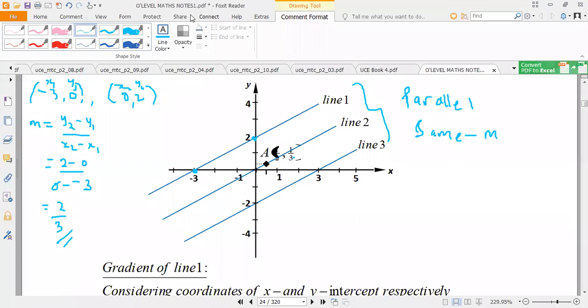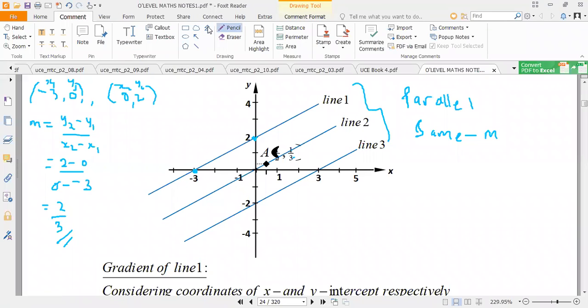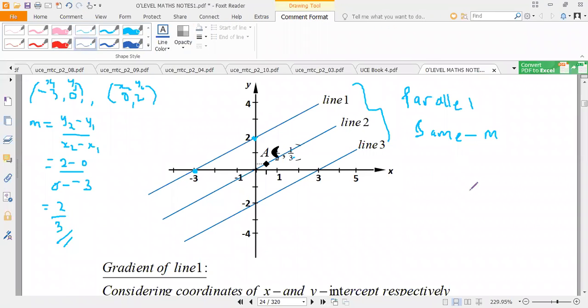Again, if we consider line 3, line 3 passes through the point (0, -2), and it also passes through the point (3, 0).